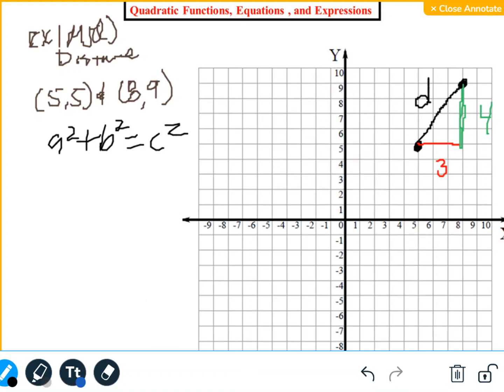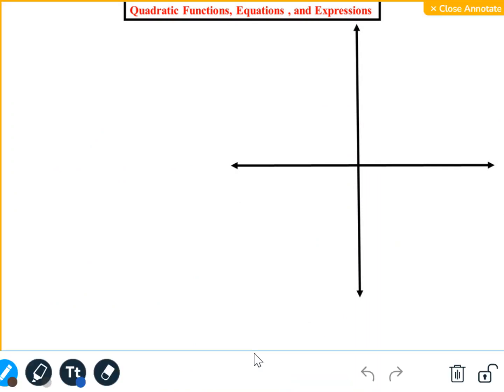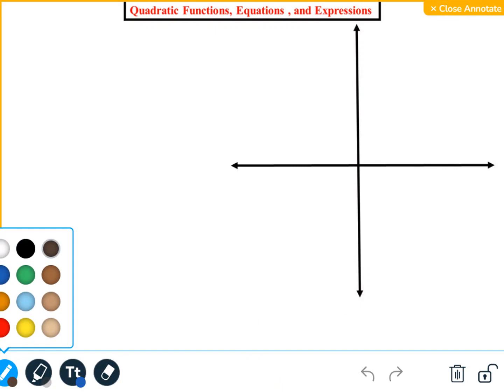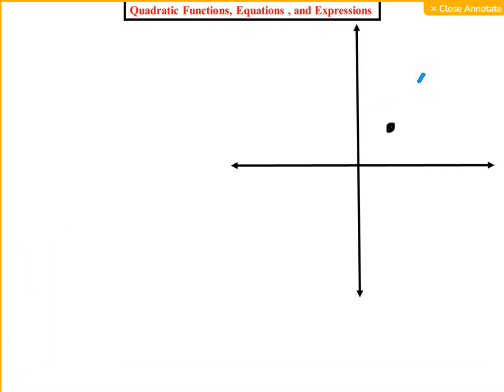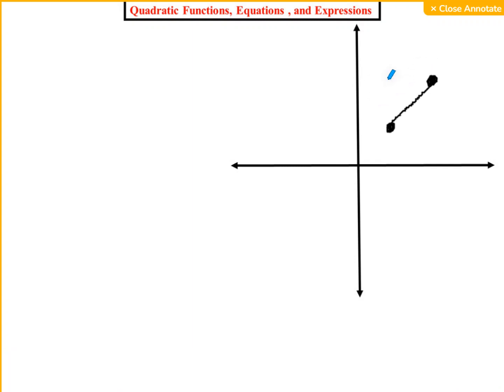Okay, so with that said, copy this one. Exactly how it is, without any numbers or anything on it, just a coordinate plane like so. All right, here we go. I'm going to place a point right there and another one right there. And we're going to find the distance.